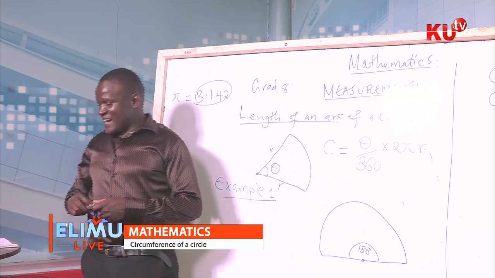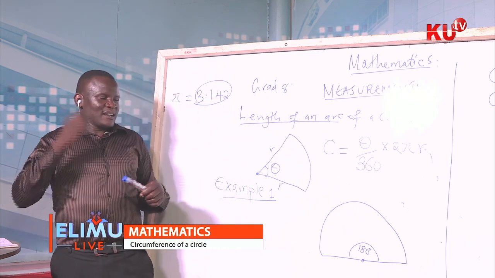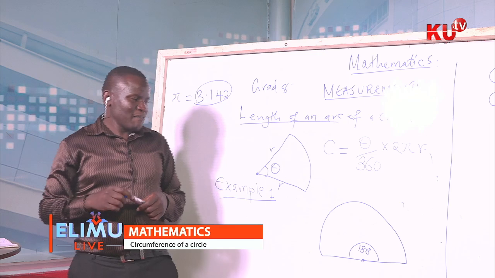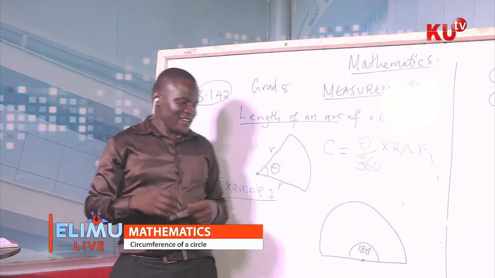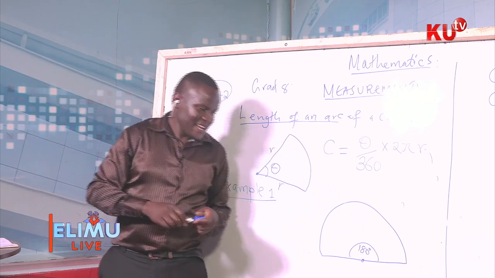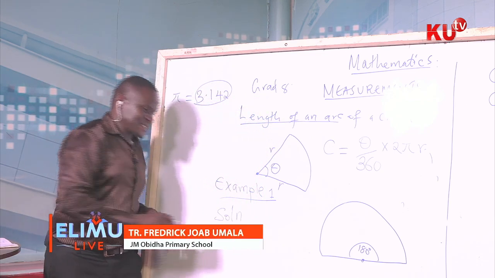So whenever you are given this, very first, draw it and come up with a figure. Know what angle is subtended at the center, and straight away move to the working.